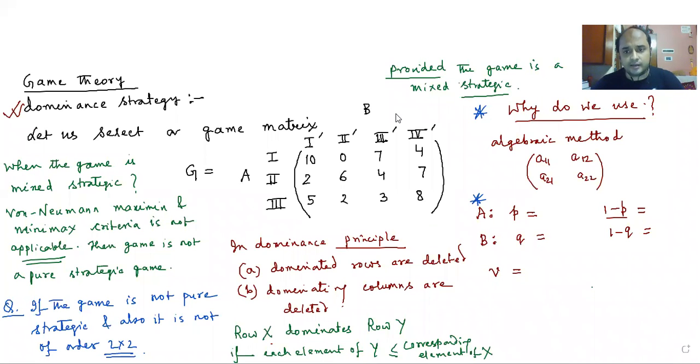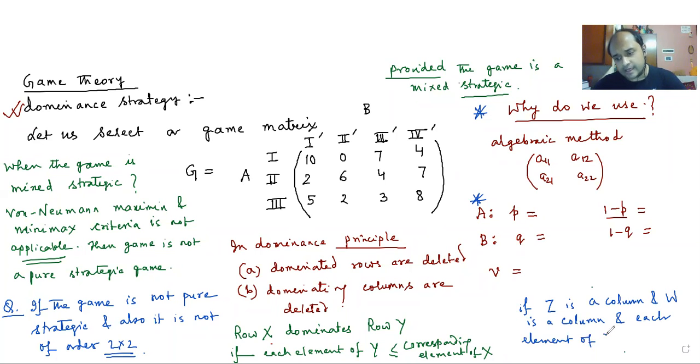So when we say that a particular column is dominating, let us write it in this way: if Z is a column and W is a column, and each element of Z is greater than or equal to the corresponding element of W, then we say that Z is the dominating column, and we try to erase Z from the picture. So we shall try to look for these things in the given matrix.